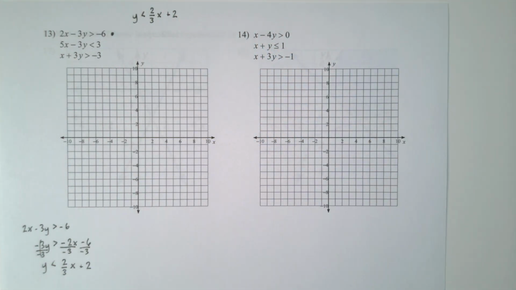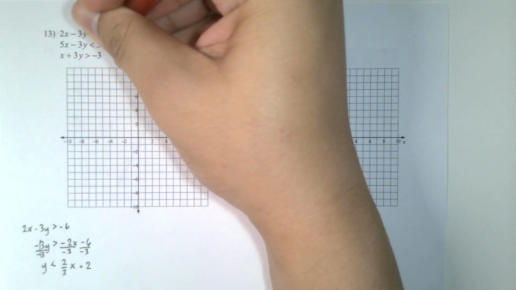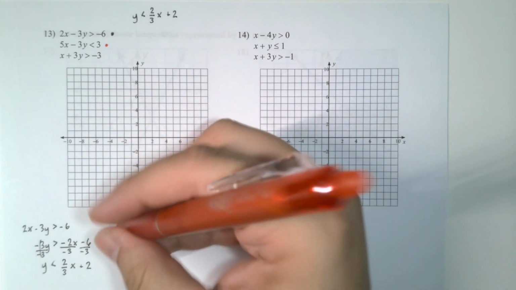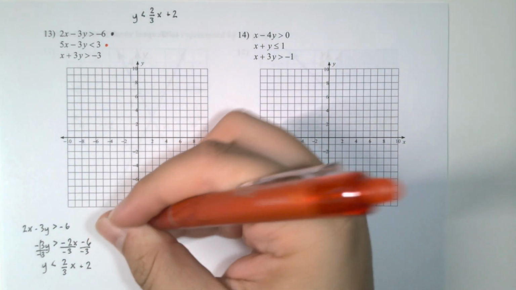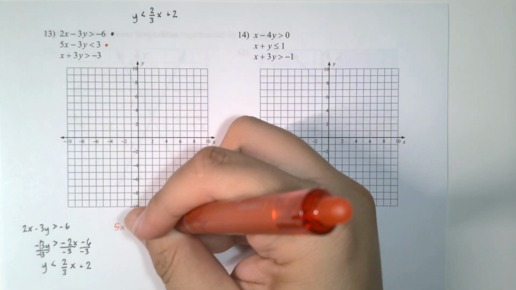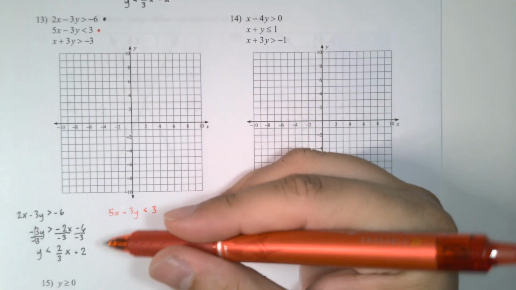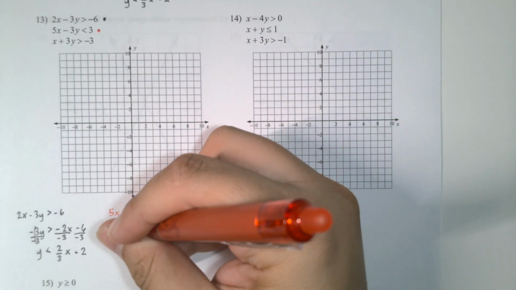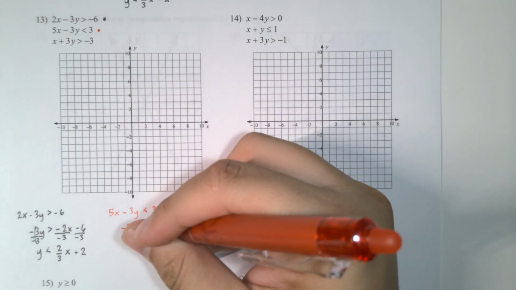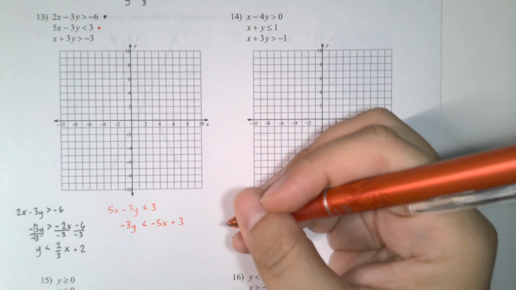And just so we rearrange all of these from the get-go, I'll rearrange the middle one real quick too. We have 5x minus 3y less than 3. If I solve for y, I'm going to move the 5x over to the other side. That's going to give us negative 3y is less than negative 5x plus 3.